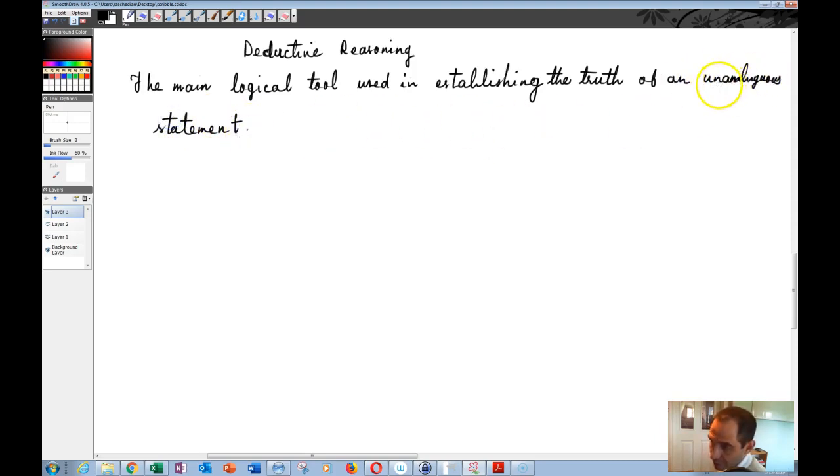If a statement is ambiguous, of course there is no point in establishing the truth. It's ambiguous. There is no truth about it. You already know that it's ambiguous. If it is unambiguous, then in order to establish the truth of that statement, you use deductive reasoning as a tool.